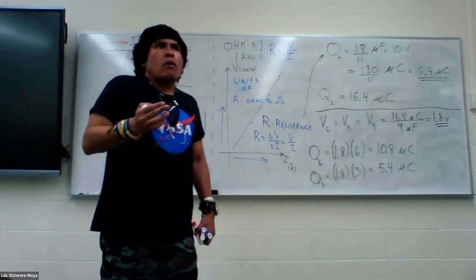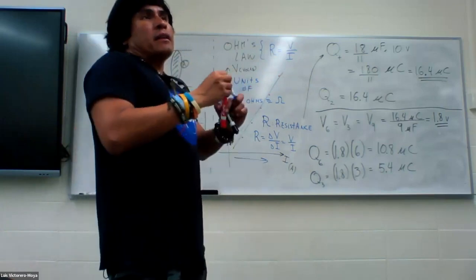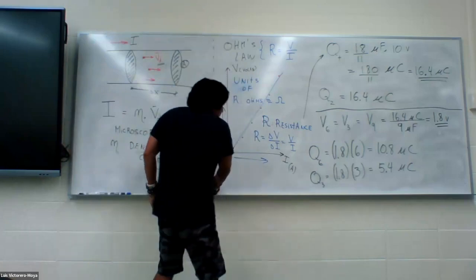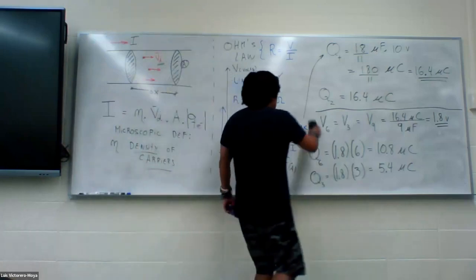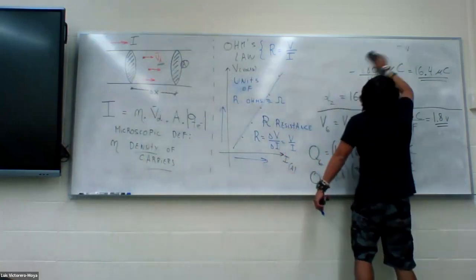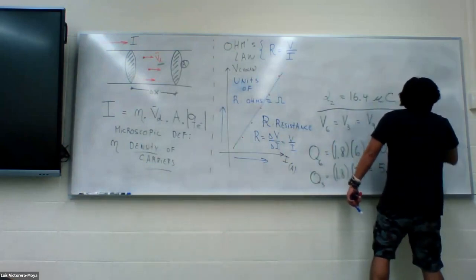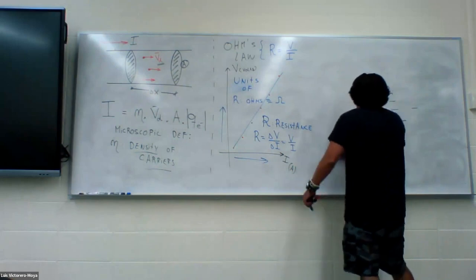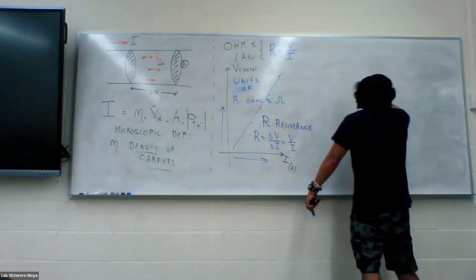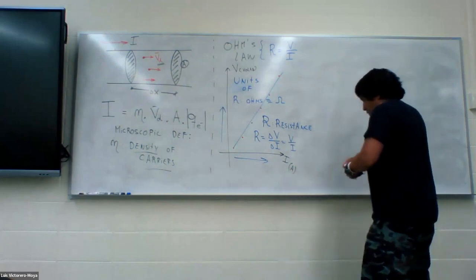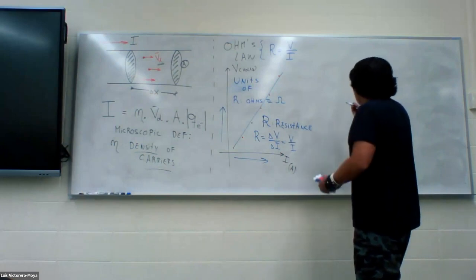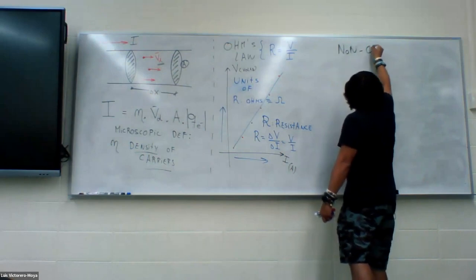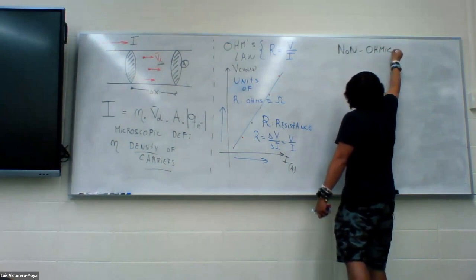So what about a non-ohmic material? A material that doesn't follow Ohm's law. What you will see, for example, with a carbon resistor or a light bulb, is this. Let's suppose you have a non-ohmic device.